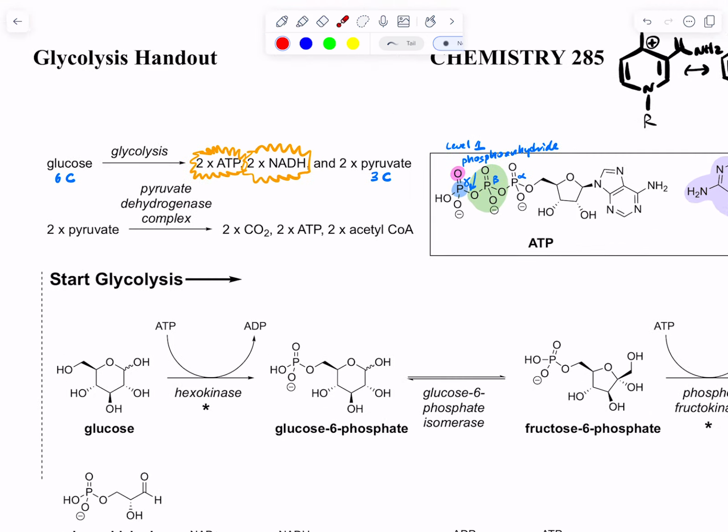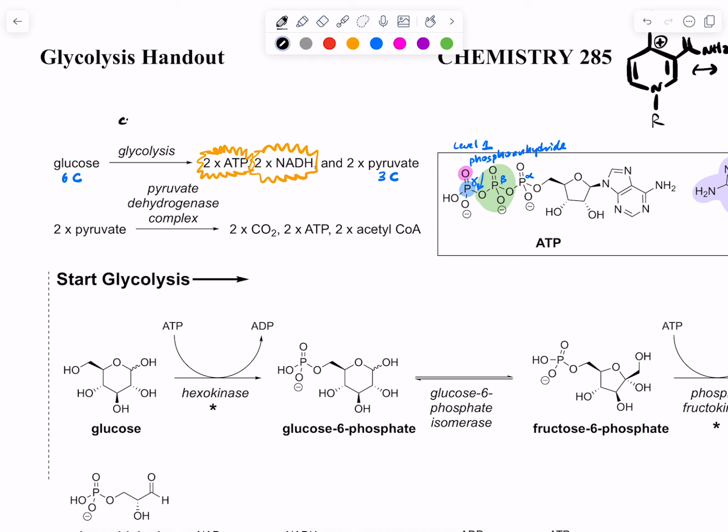The process of glycolysis happens in the cytosol, so not in the mitochondria. Once we split the glucose molecule into 2 three-carbon parts, those 2 molecules are both called pyruvate, 3 carbons.